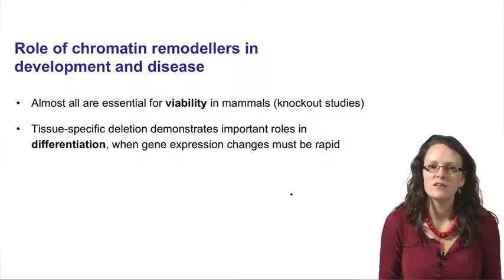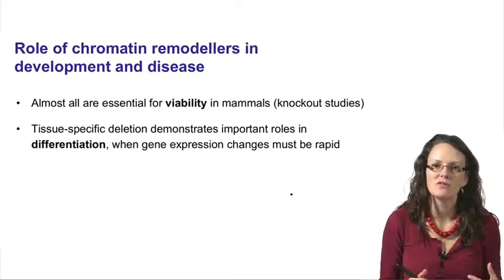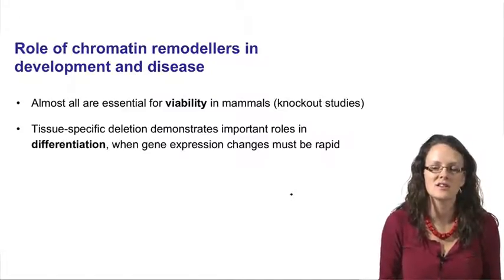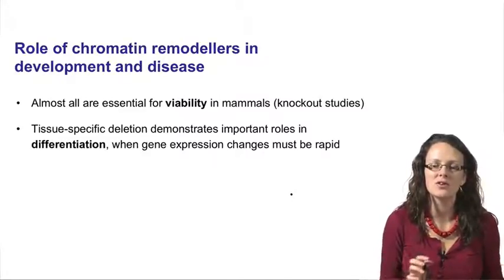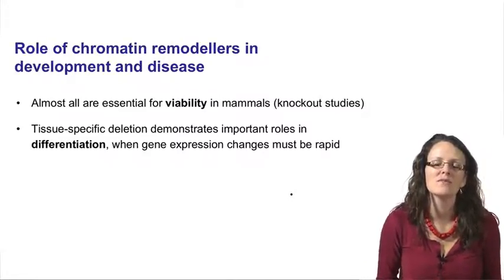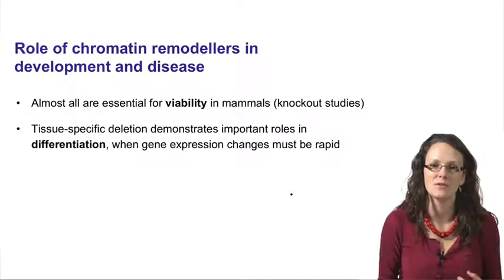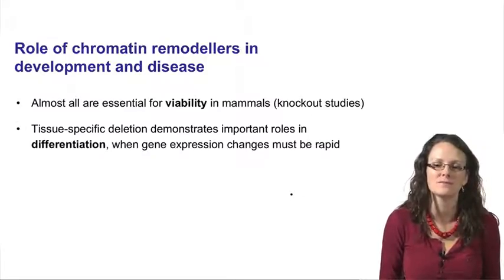And this is believed to be because although you can rescue the viability of the animal, the skin or any other particular tissue needs to rapidly differentiate at particular times. And because of the role of chromatin remodelers in moving around the nucleosomes, it's thought that the chromatin remodelers really allow for the rapid activation or silencing of gene expression, and so that's why they might be particularly important in differentiation.